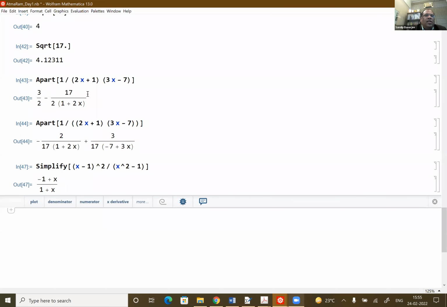Okay, so this apart thing, if you notice here, it is 1 by something. Now, when you write 1 by 2x plus 1 into 3x minus 7, I assume that this whole thing is in the denominator, but it is not happening like that. It is taking 1 by 2x plus 1 multiplied by 3x minus 7, and then it is giving this. But to keep the whole thing in the denominator, I have to close them again with a bracket.